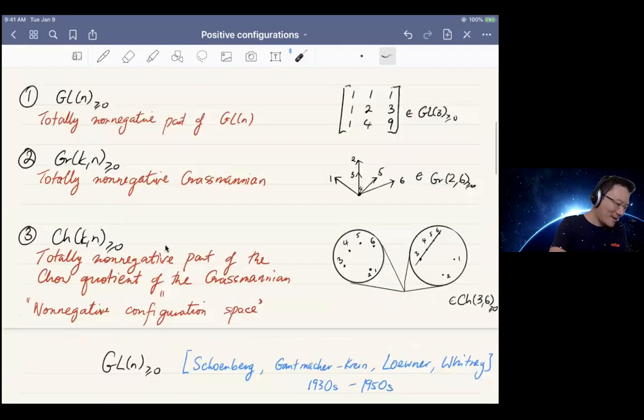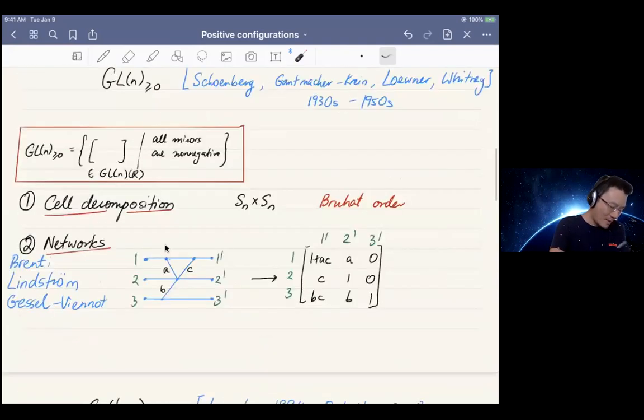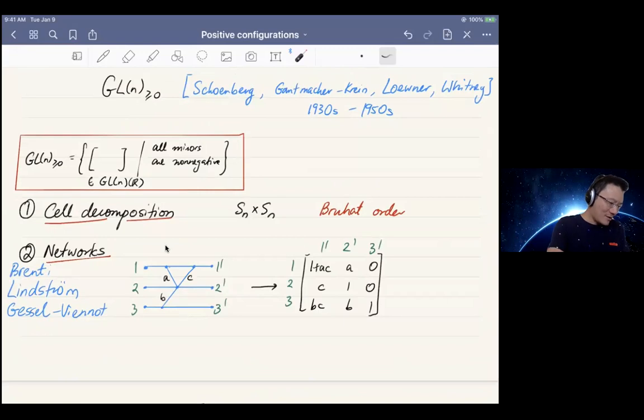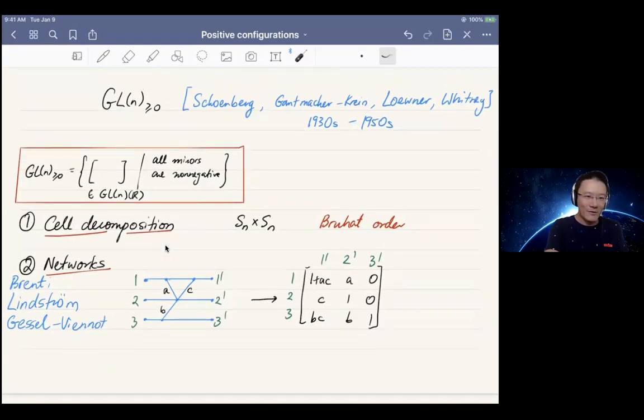Okay, so let me get to some more specifics, and let's start with the total non-negative part of GLn. This is a classical case, and these authors here, Schoenberg, Gantmacher and Krein, Loewner, and Whitney, worked on it from the 30s to the 50s.